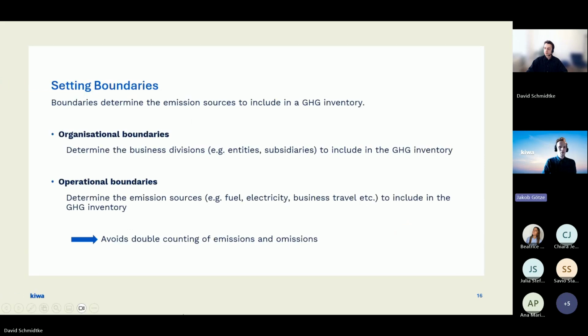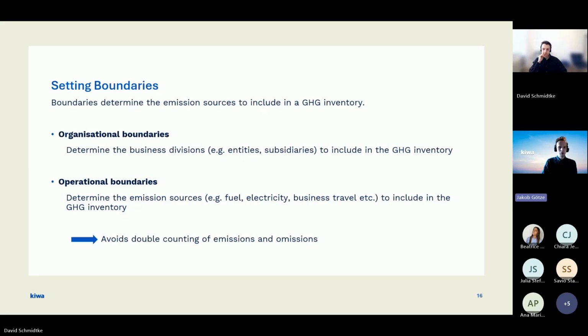So the boundary setting step consists of two parts, actually maybe three parts. The first part would be to set the period of the corporate carbon footprint. This is usually 1 year, so either the fiscal year or the calendar year.